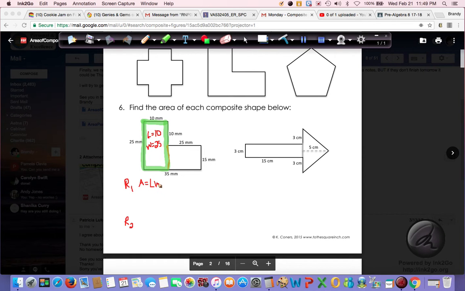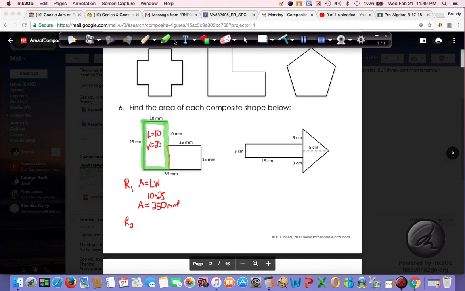You always want to write your formula. And we're going to say that is 10 times 25. So the area of rectangle number 1 is going to be 250. You can use your calculator if you need to. 250 millimeters, that's what mm stands for, millimeters squared.